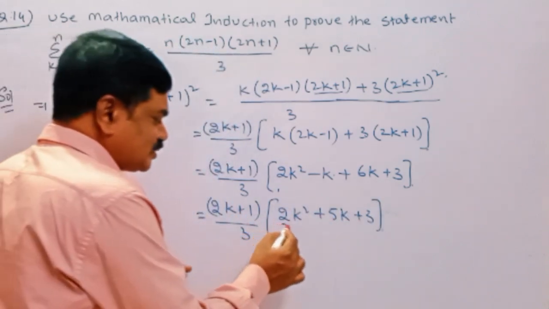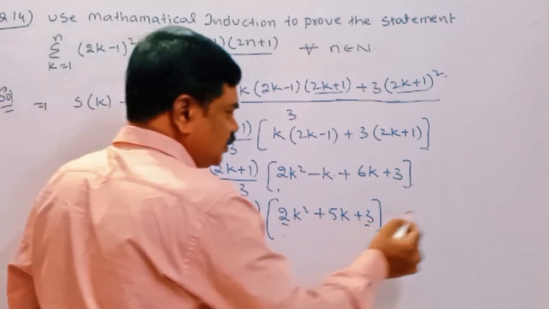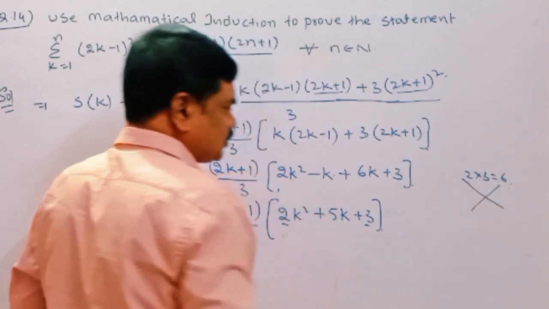By factorizing this, 2 into 3 is equal to 6.